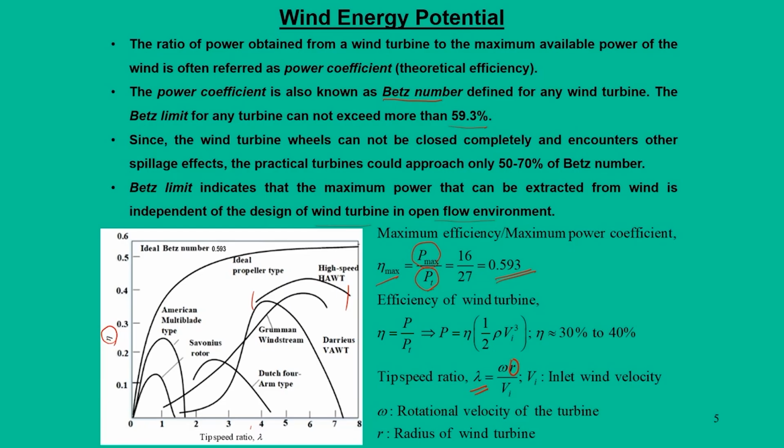Now, having said this, if you look at an ideal propeller type turbine, it is independent of all these internal designs. So, its efficiency initially increases and then it becomes a fixed value, at this number 0.593. All other turbines always operate below that number. That is the reason we say it is the Betz limit.